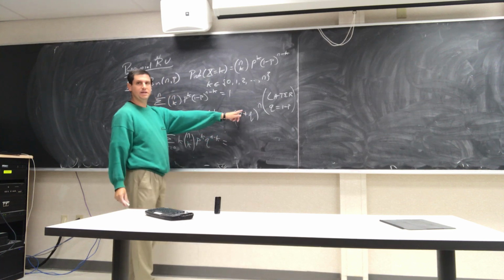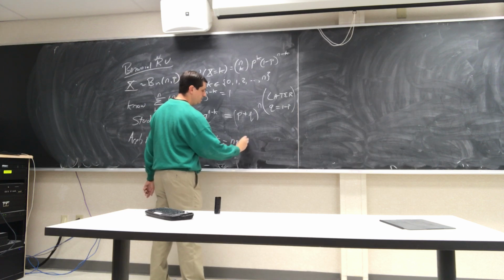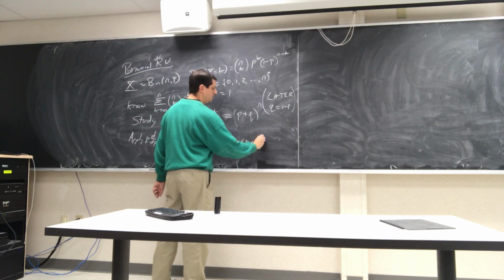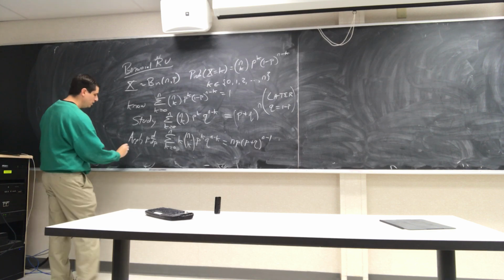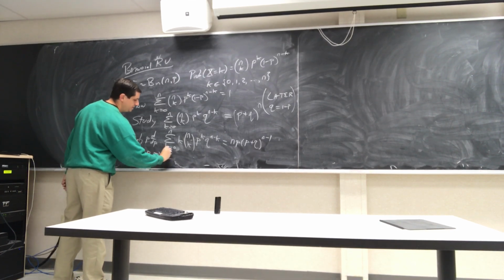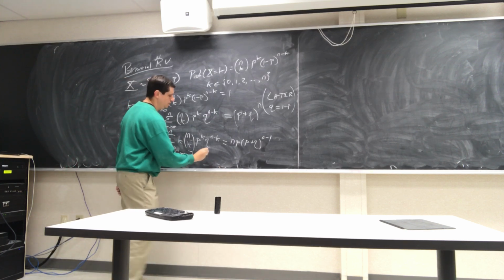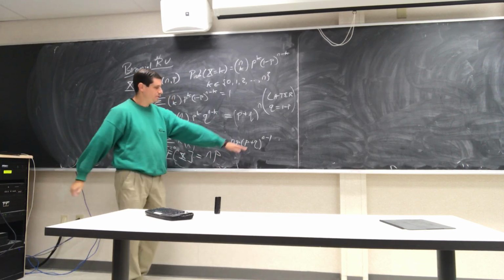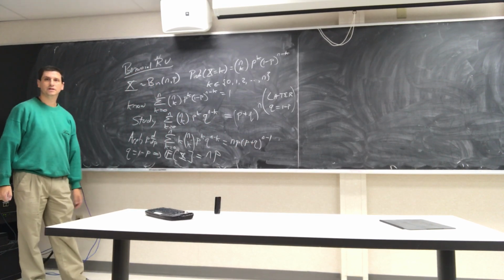And over here, when I take p d by dp, I'll get n p times (p plus q) to the n minus 1. Now, we take q equals 1 minus p, and this will give us the expected value of X is just equal to n times p, because this expression is now 1. And that finishes the algebra.